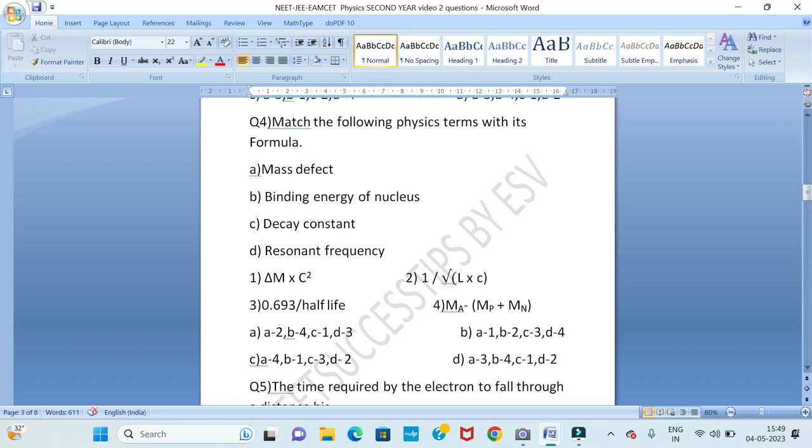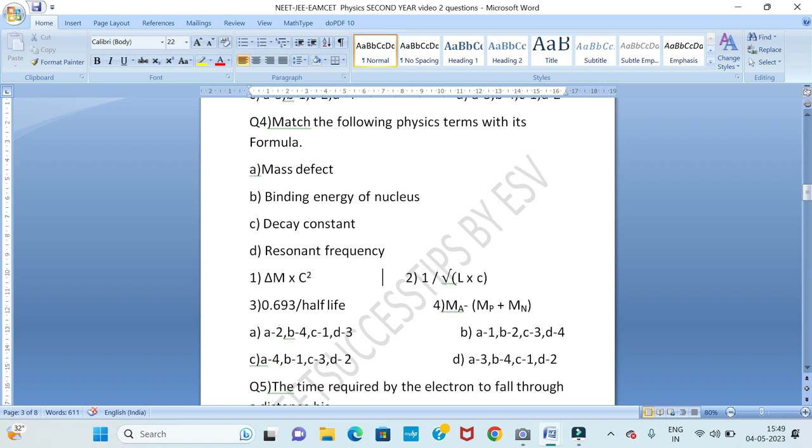Mass defect is delta M. I have given a clue. All the M's are here, delta M is here, this is not, this is the decay constant, this is the resonance frequency. So the answer is C.